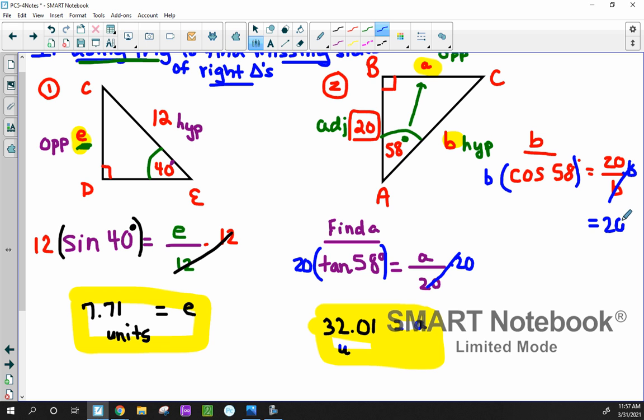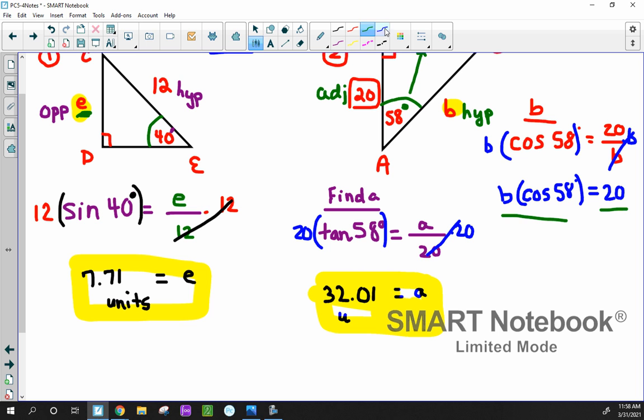That leaves me with 20 on the right side. I'm going to recopy what I see on the left side. And now, again, I'm still trying to get B by itself, and B is now being multiplied by this trig expression. So I'm going to need to divide both sides by cosine of 58 degrees.